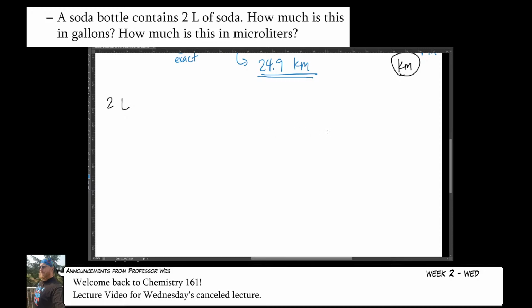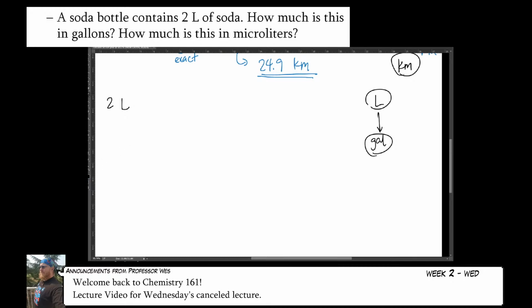Might be a fun experiment to measure, just to see if the soda company is cheating you. Or maybe they're not. Who knows? I don't know. And I want to turn that into gallons. So we're going to start liters to gallons first. And then we'll do the other conversion shortly.